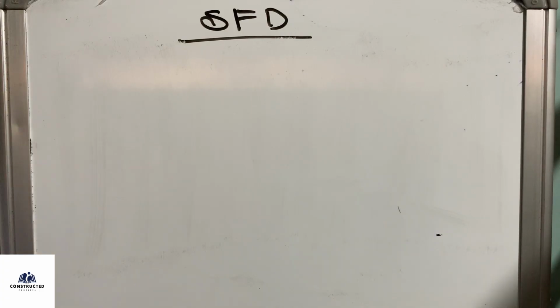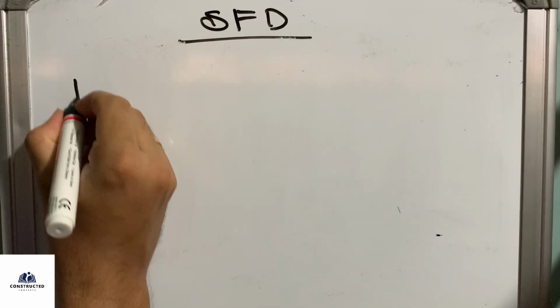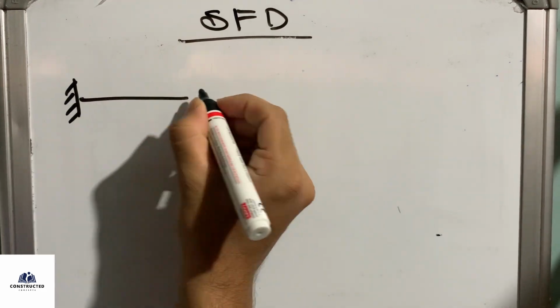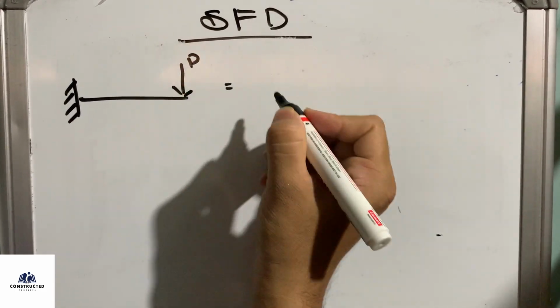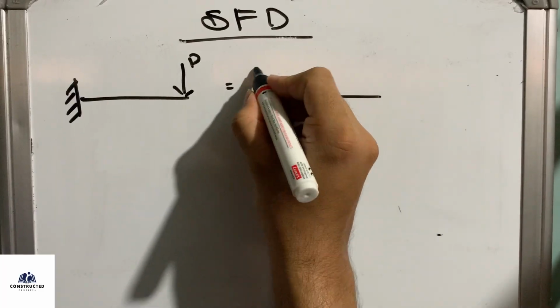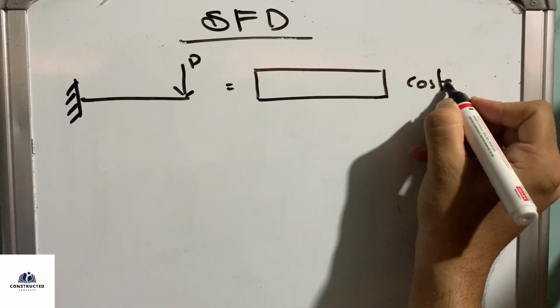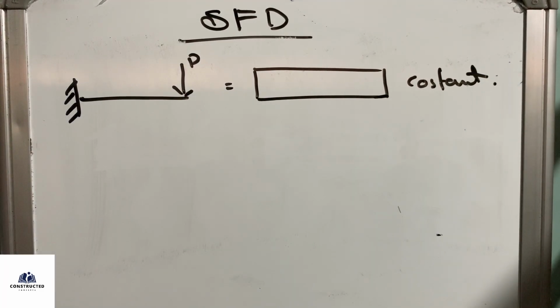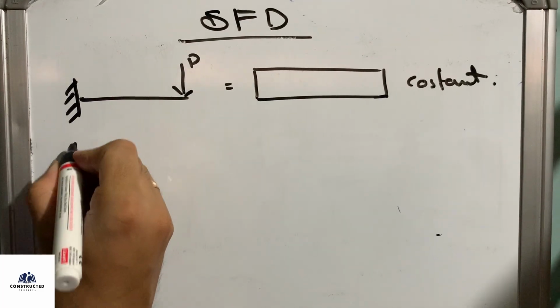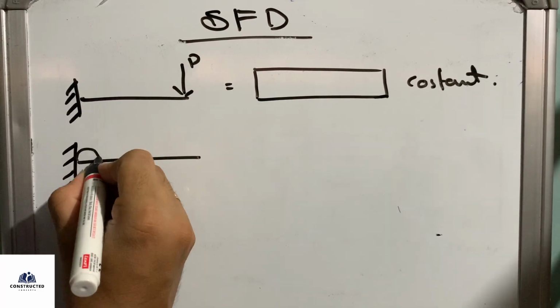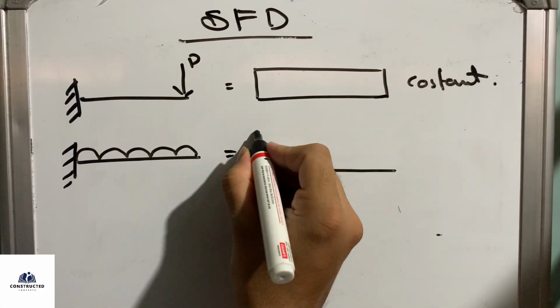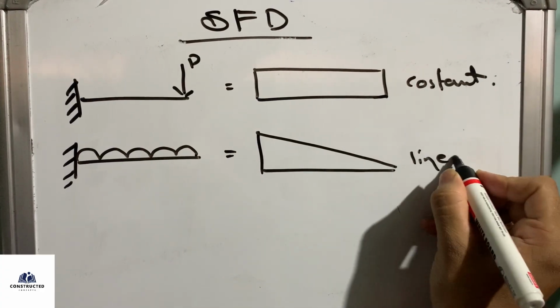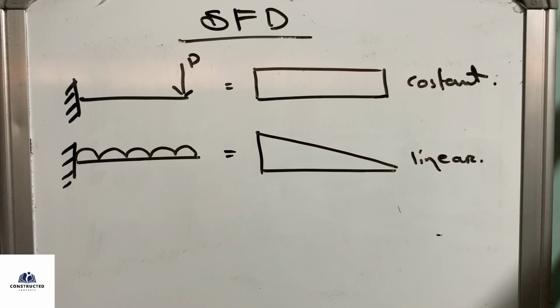That is, first you have to know. So at first I have done all the simply supported beams. Now this is the cantilever beam with point load. Cantilever beam with point load is constant, as I have already mentioned, and a cantilever beam with UDL will be linear in nature.